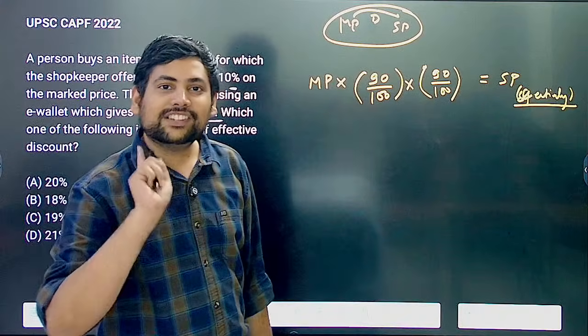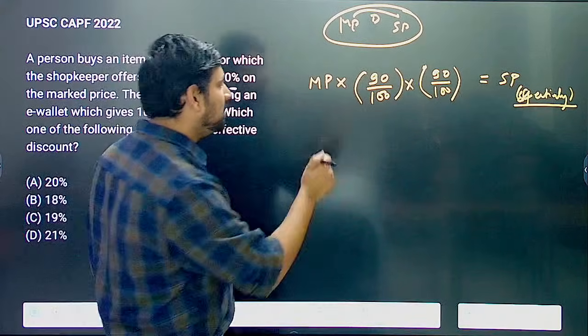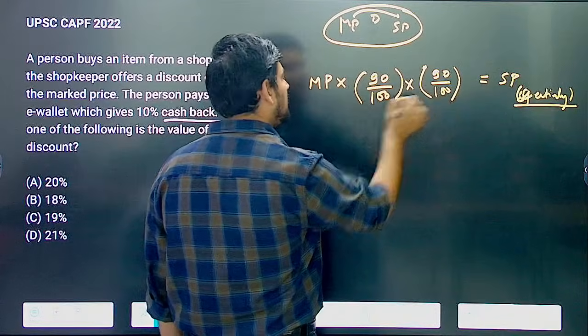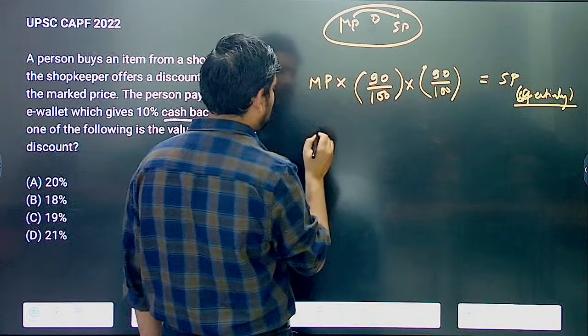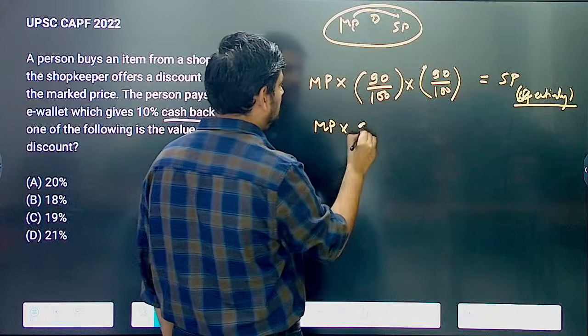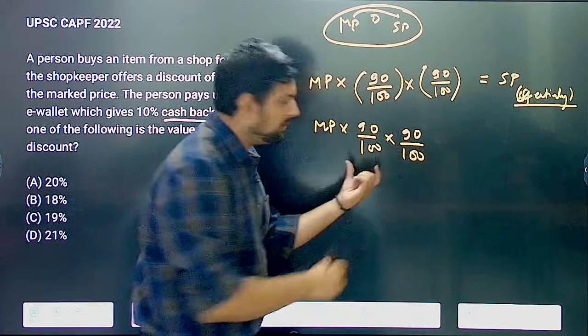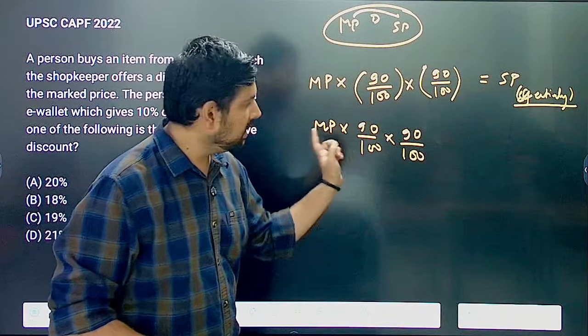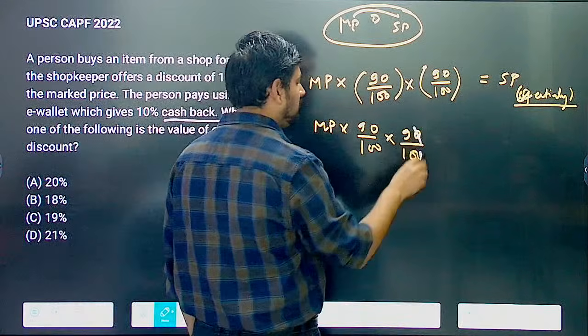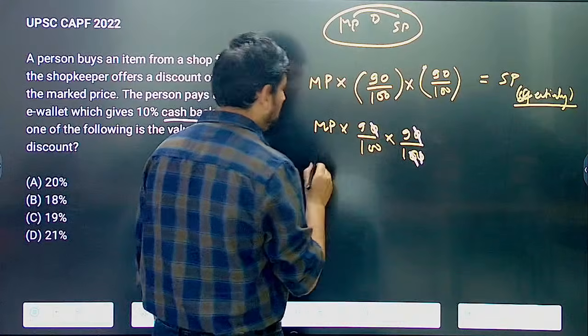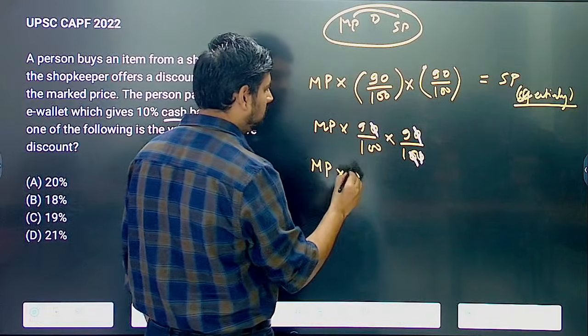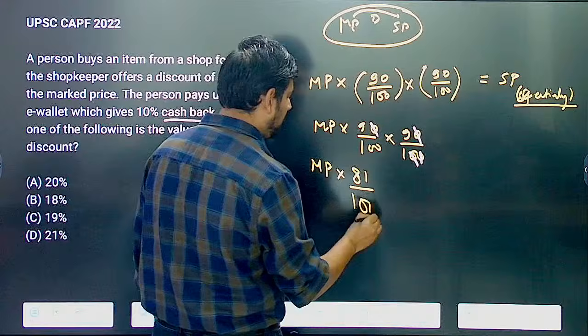Now, if you have done percentage with me, first you will cancel out. Marked price into 90 by 100 into 90 by 100, you only want 100 in the denominator, everything else you cut. So 0 0 cancel, 0 0 cancel. What you get? You get marked price into 9 nines are 81 by 100.